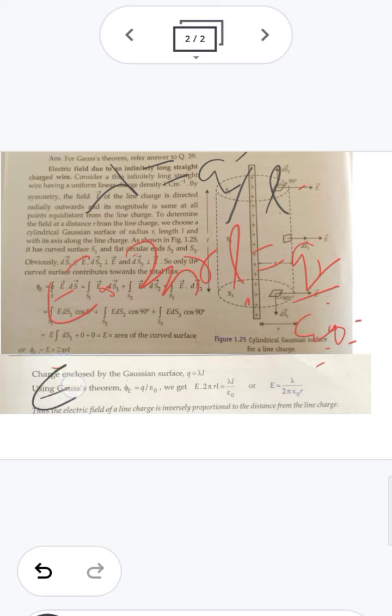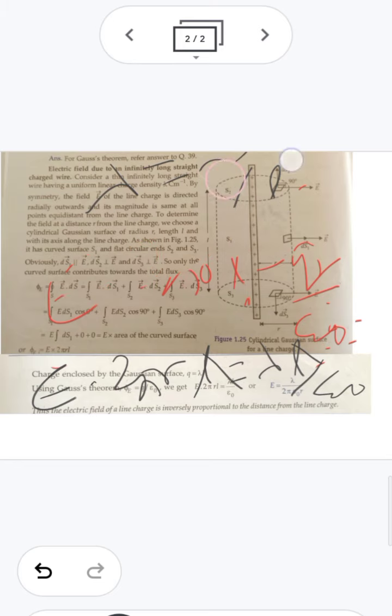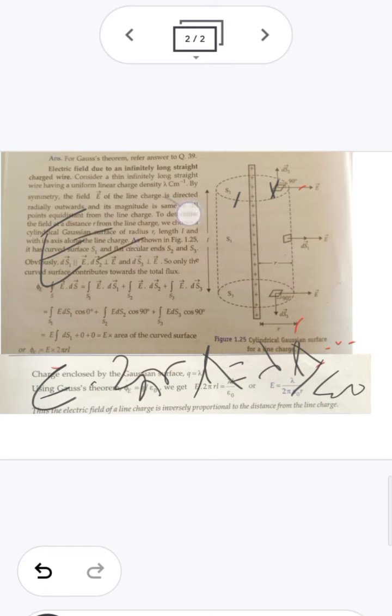We write E into 2 pi rl equal to lambda into l upon epsilon naught. The l and l get cancelled, and we get the new value: E is equal to lambda upon 2 pi r epsilon naught.